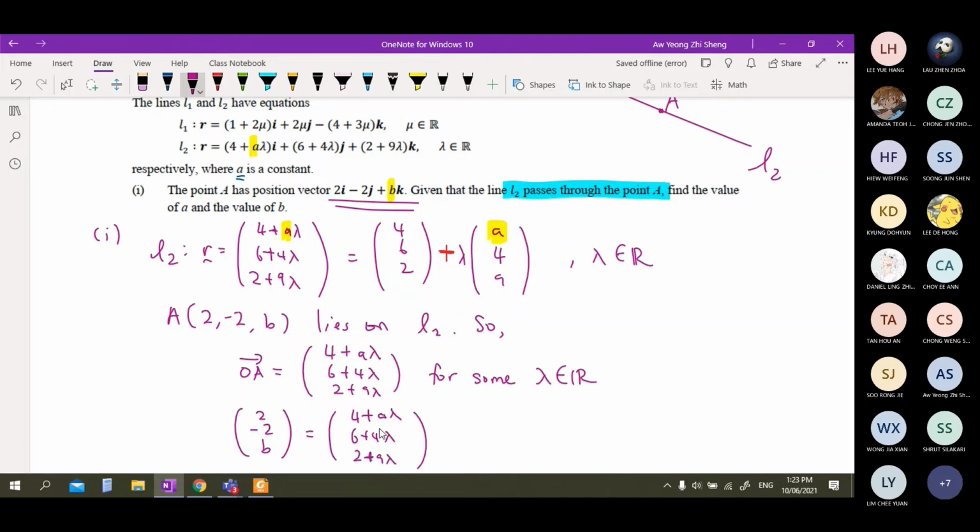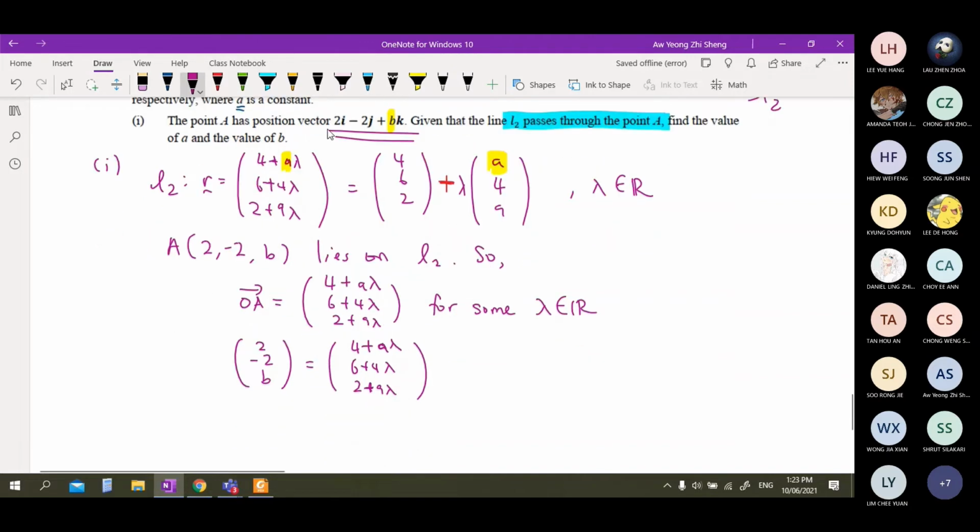This equation holds for a particular value of lambda, and it is guaranteed to hold because we know A is a point on L2. This is information that we know for sure.